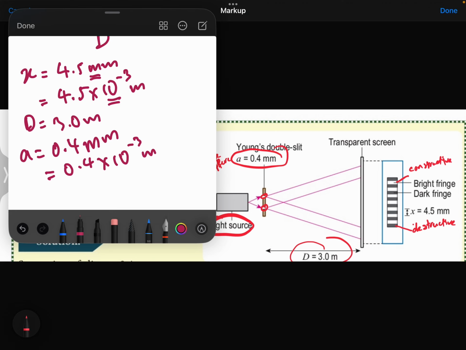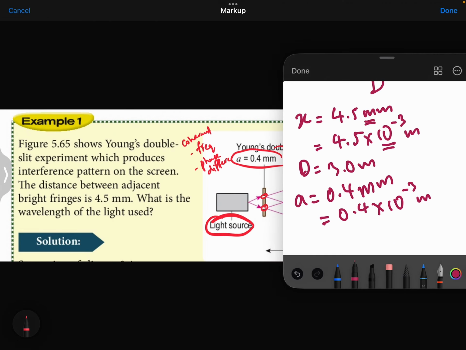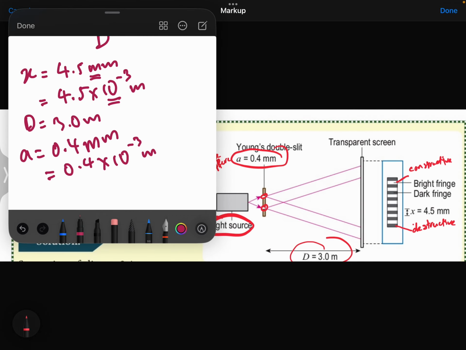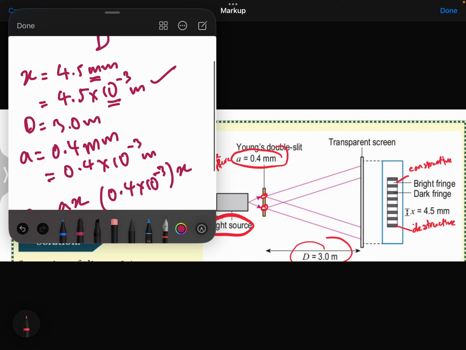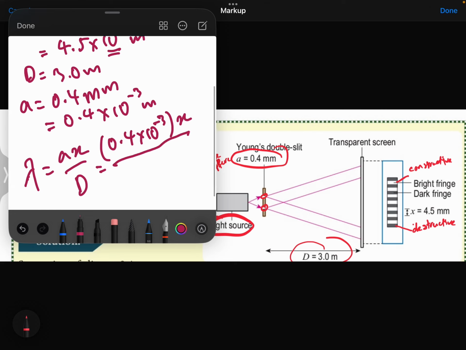And then you need to find the wavelength. So lambda equals ax per D. a is 0.4 times 10 power negative 3 times x. Here is the value of x, divided by D. D is 3.0 meter.